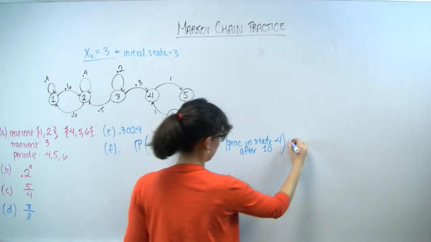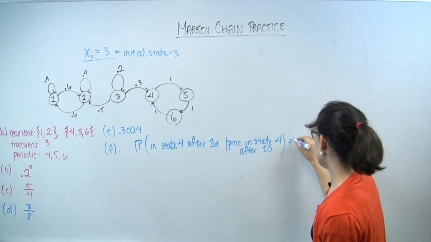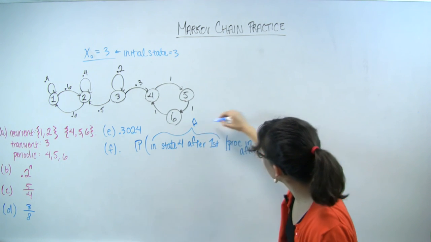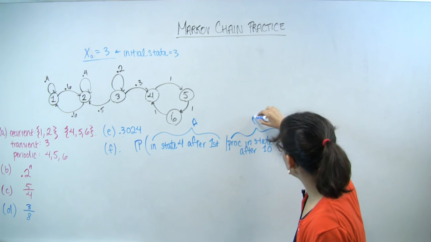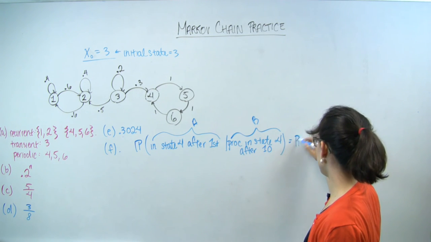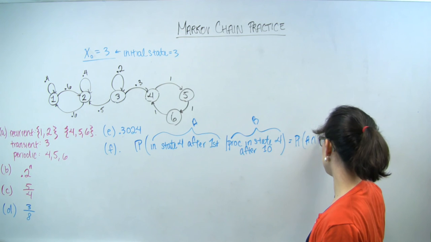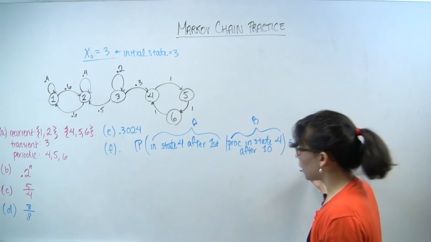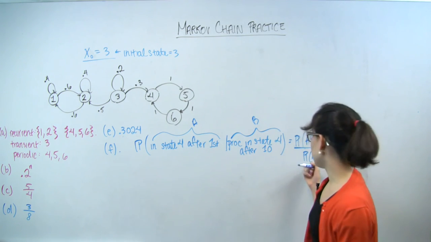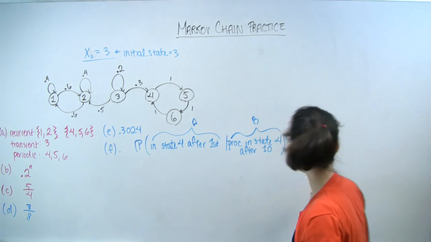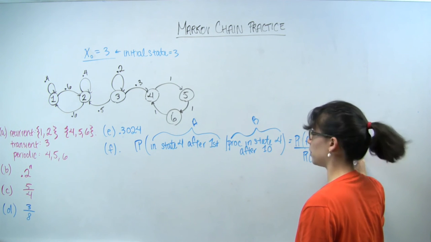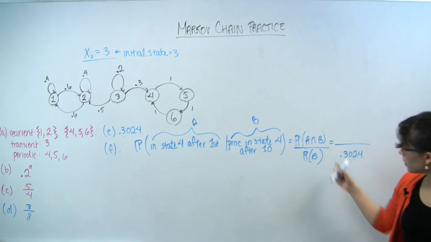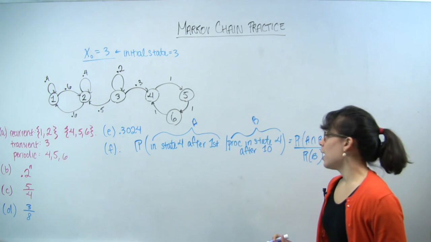So this, by definition of conditional probability, is, and for brevity, let's call this A, and let's call this B. Using the definition of conditional probability, we have that this is the probability of A intersect B divided by the probability of B. And we computed the probability of B in part A. So we can go in and plug in the denominator. So that's 0.3024. So now we just have to compute this numerator.